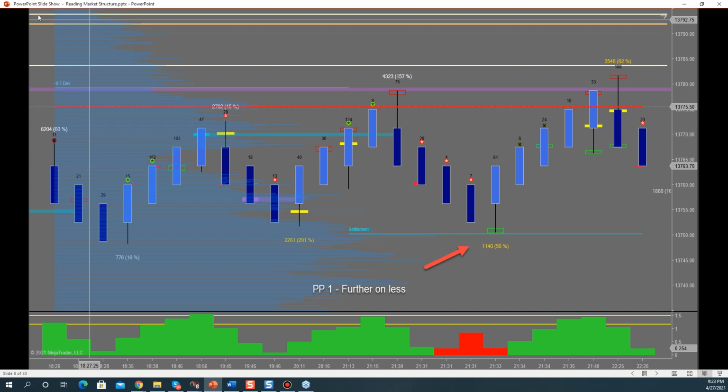Understood? So our old power play system, we would look for that push down, pull back, then we look for this next push down. The market goes down a little bit further on the less volume.